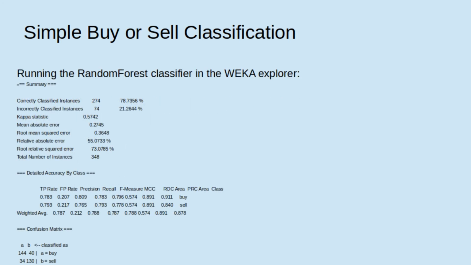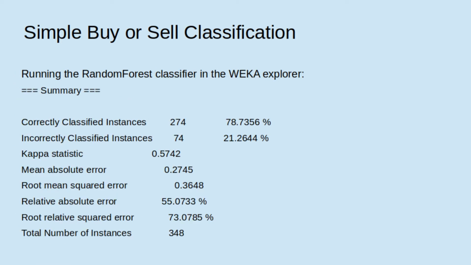We run it through the random forest classifier, and this is the output summary and the confusion matrix. Further into the summary, we see that we got almost 79% correctly classified instances and 21% incorrectly, which at 79% is not too bad.